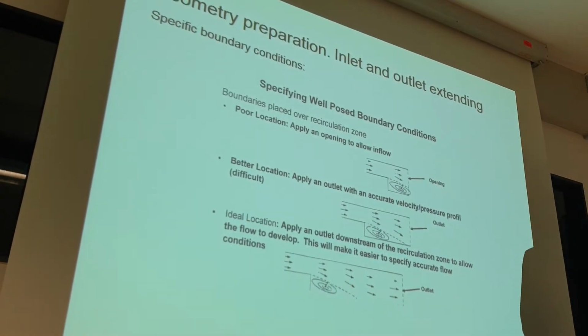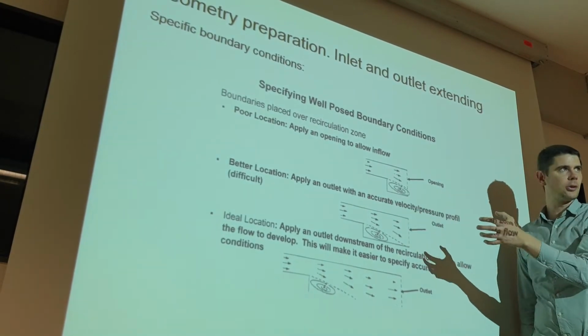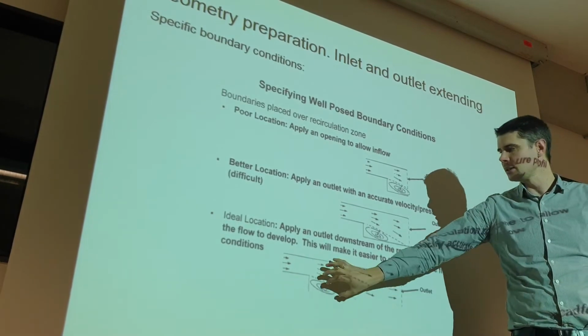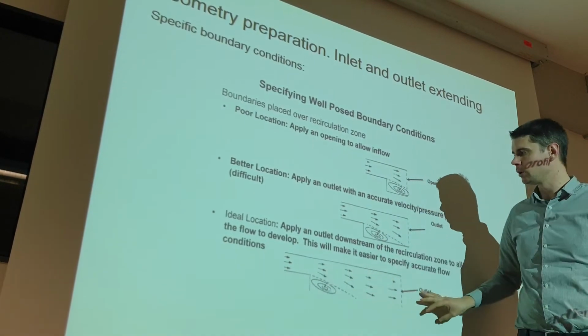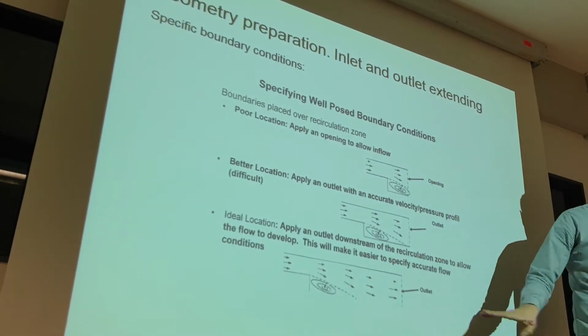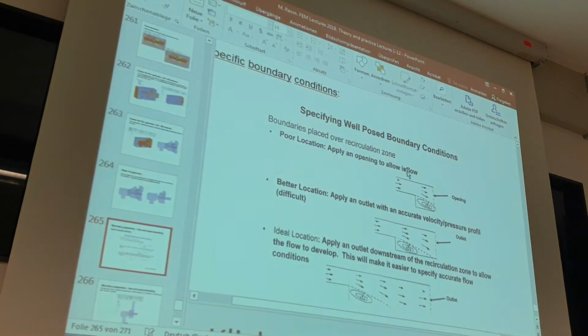So the program makes the result wrong in this place. And if I see in the results that I need maybe a little bit longer outlet, then it's correct. So this is the ideal location, ideal boundary condition, and everything you need to know.